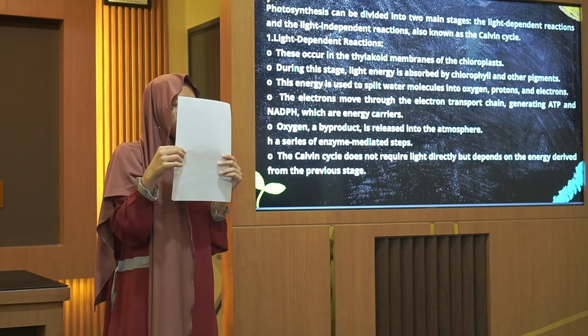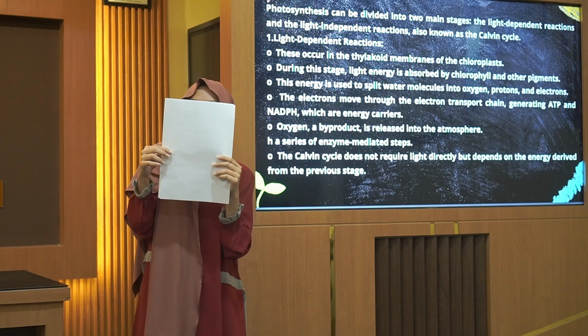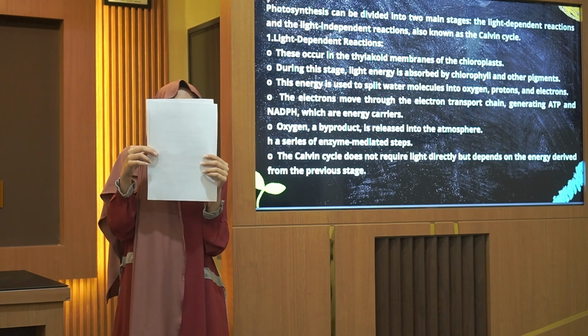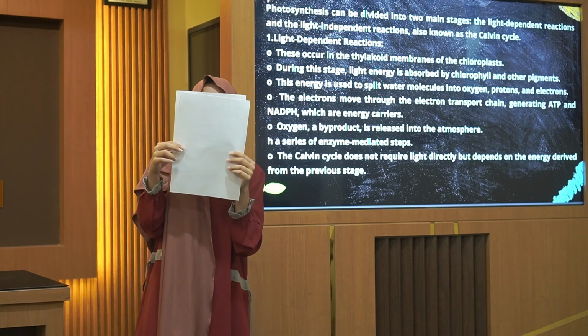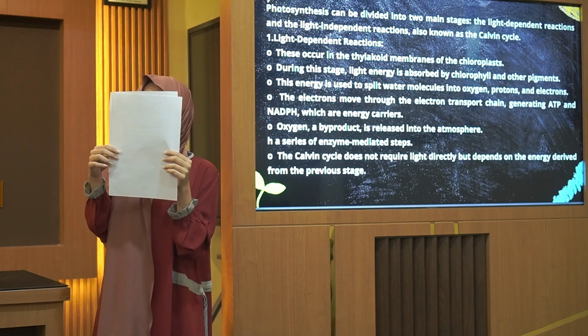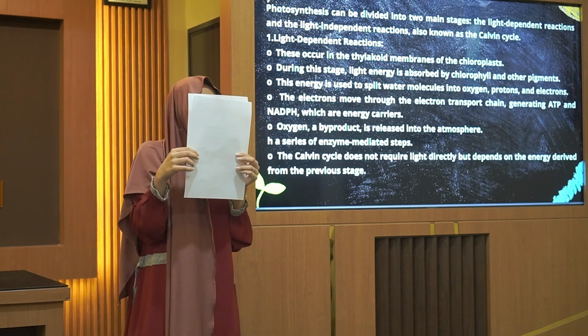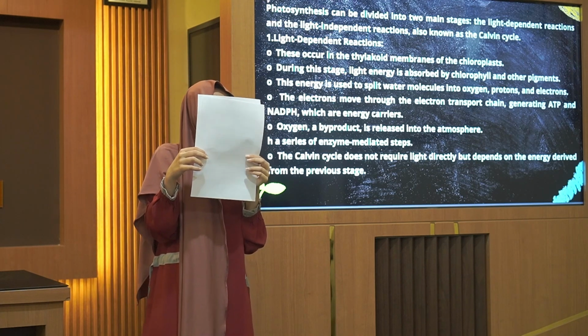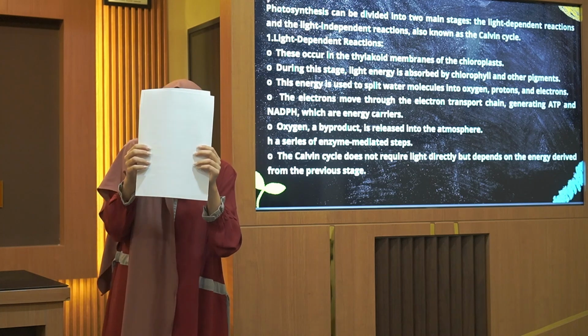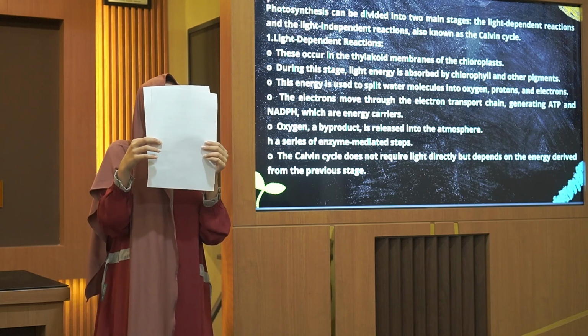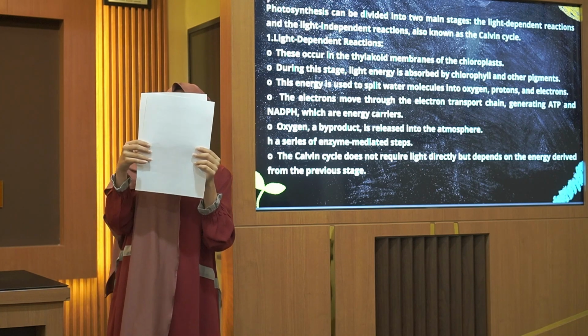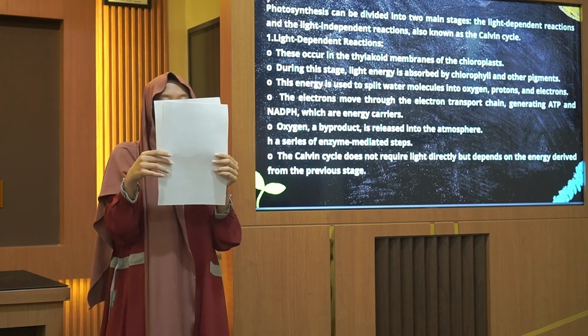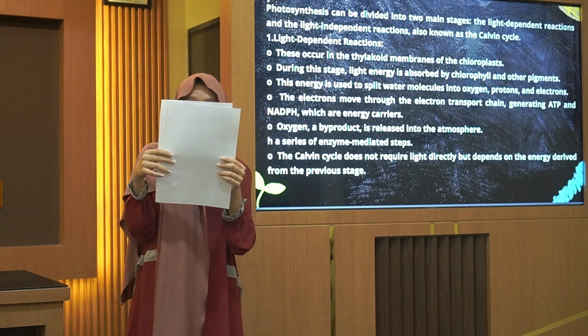This energy is used to split water molecules into oxygen, protons, and electrons. The electrons move through the electron transport chain, generating ATP and NADPH, which are energy carriers. Oxygen, a byproduct, is released into the atmosphere.